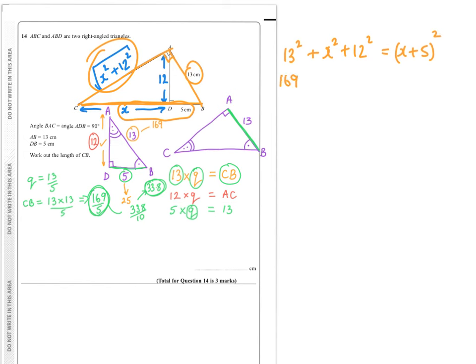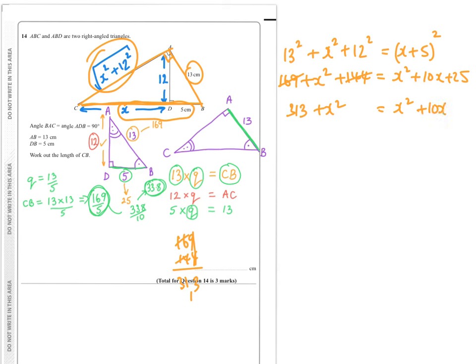So we've got 169 plus x squared plus 144 equals x squared plus 10x plus 25. So 169 and 144, let me just have a look at what that is. That's 313, so 313 plus x squared equals x squared plus 10x plus 25.